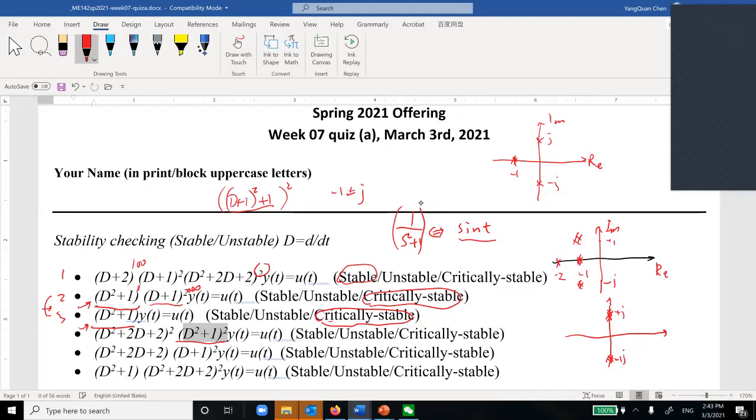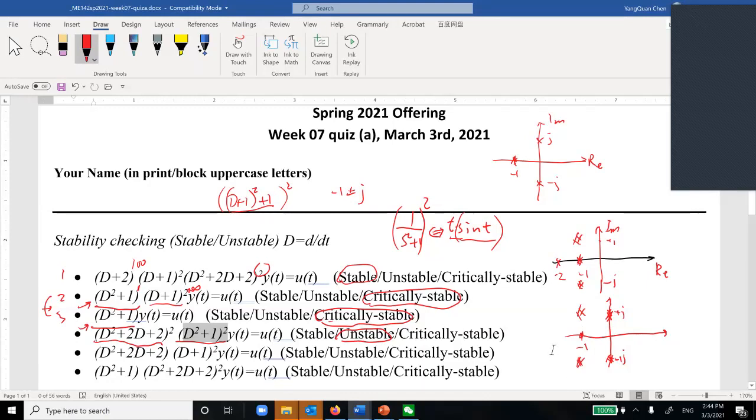But if you put a square here, you are going to have another t, and that t will blow the system up. So this is unstable for sure. What about this other one? This is -1, one pair here, and it doesn't matter how many multiplicities. These poles are stable, but you have unstable modes, so the whole thing is unstable. So that's number 4.